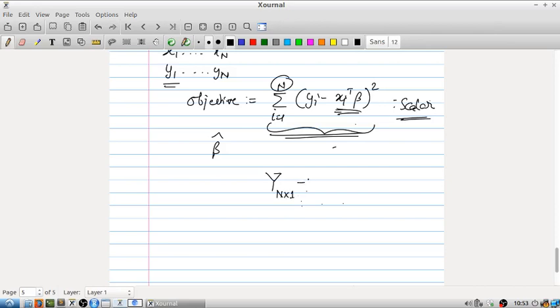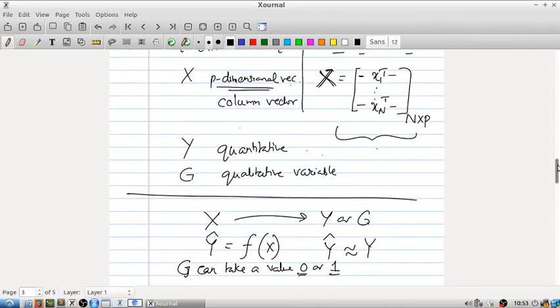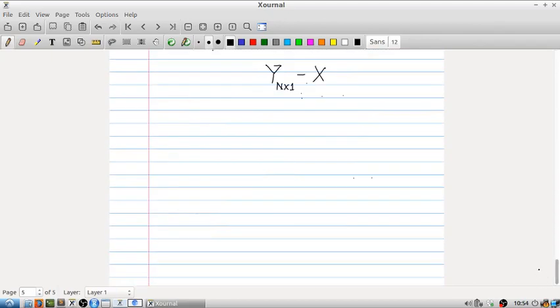Minus x. What was x before? n cross p, right? This is n cross p times that beta, which is p cross 1, right?